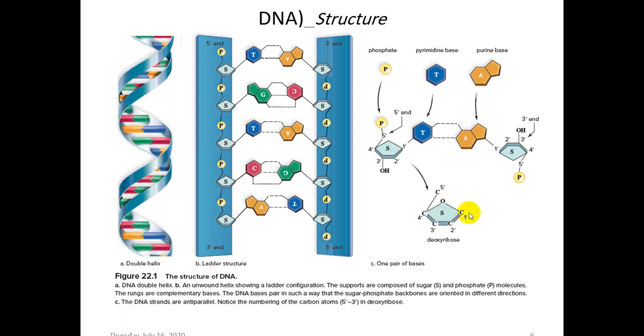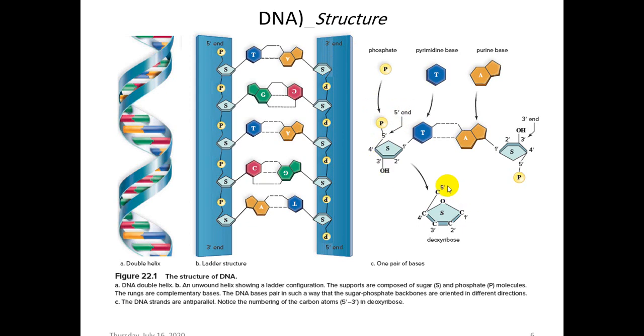You see. So adenine to thymine, right? Adenine is connected to thymine, and here you see the upper part is the 5 prime end, and here is the 3 prime end.